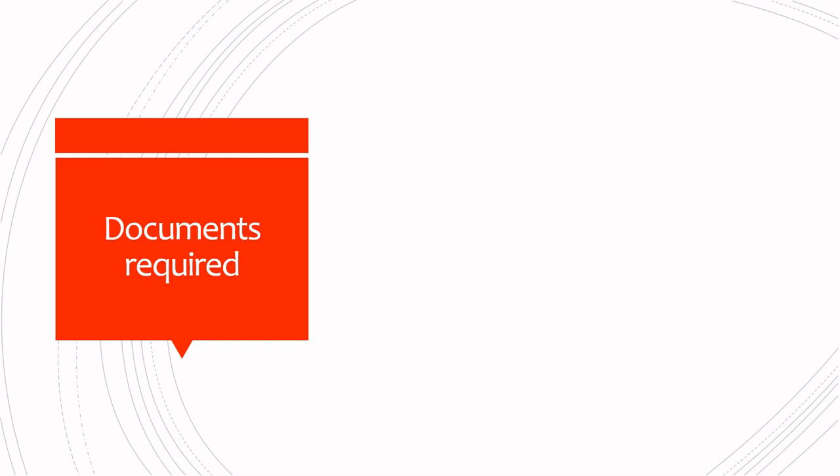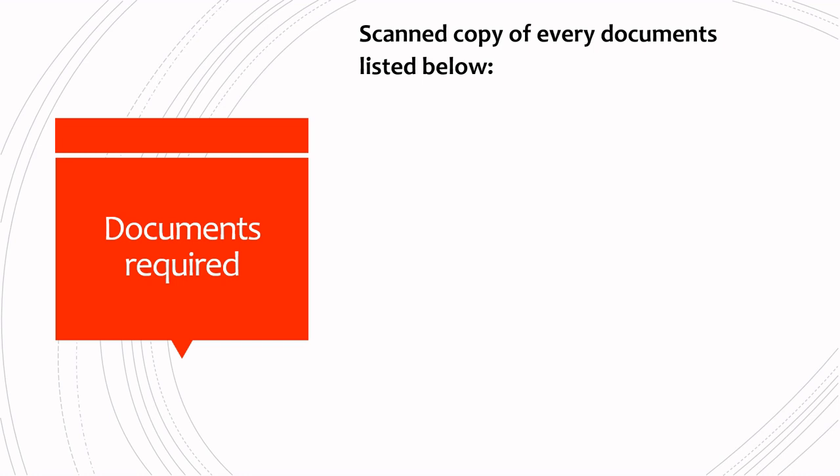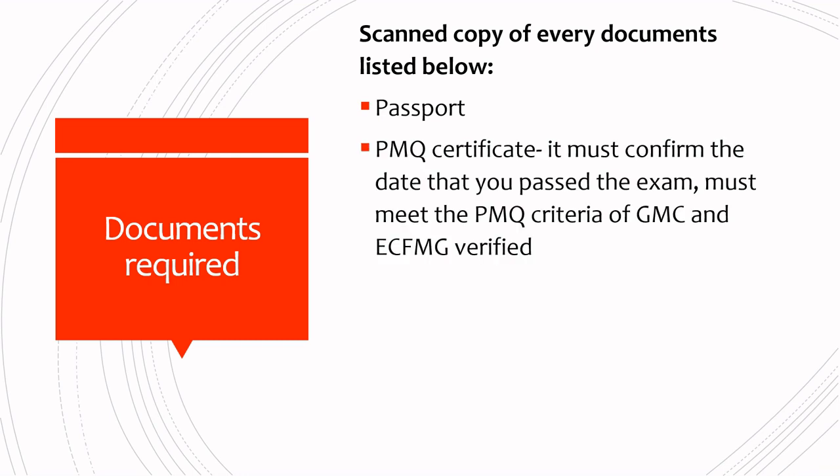So once we have done the application, within a few days we'll get an email from the GMC asking for some documents. They'll ask for a scanned copy of every document listed, like the scanned copy of passport, the primary medical qualification, and this certificate should confirm the date that you have passed the exam and must meet the primary medical qualification criteria of GMC, and it should be ECFMG verified as well.